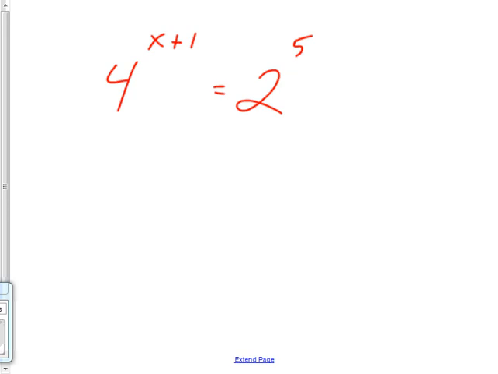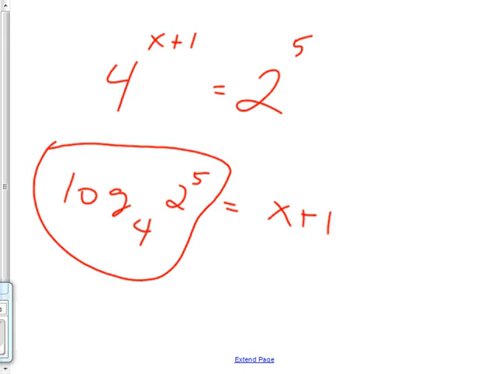Okay, but that would not be very fun. Let me show you that. Log base 4 of 2 to the 5th is equal to x plus 1. And then that would depend on you being able to solve that. Difficult, but not impossible. All right. I'm actually going to show you that one because it's not impossible.